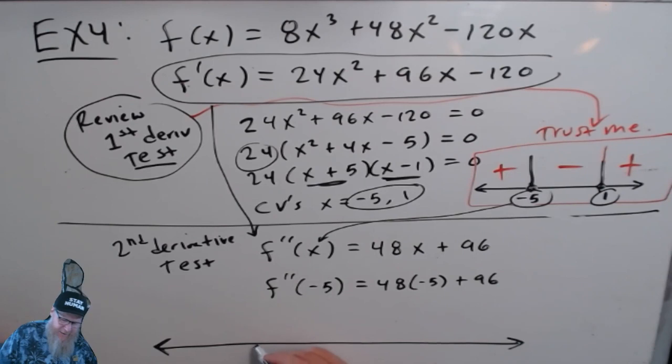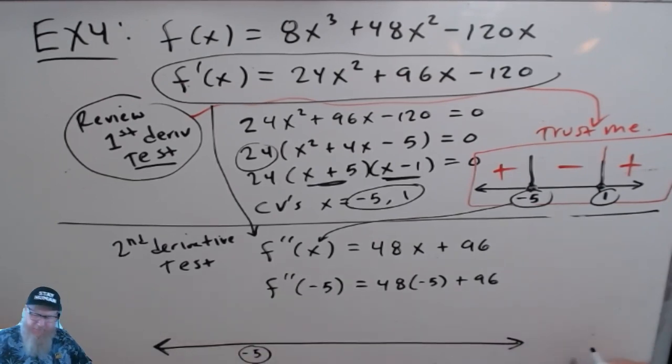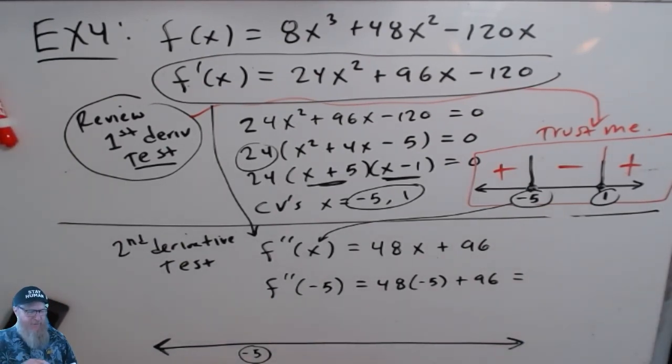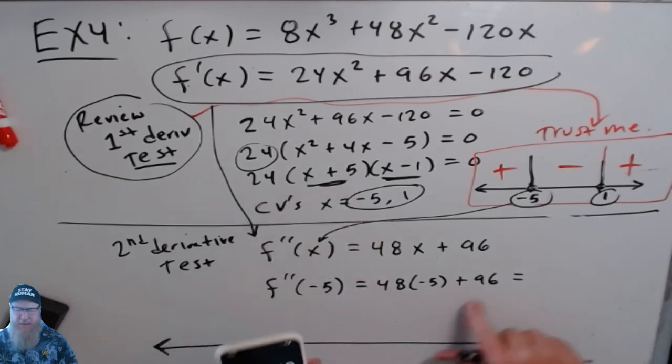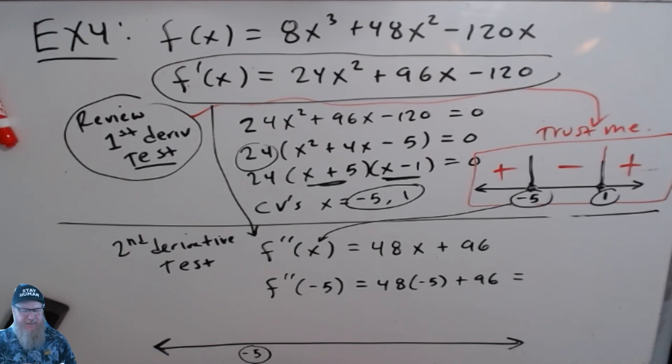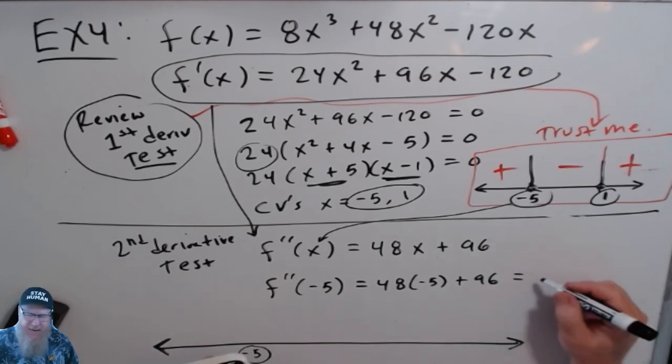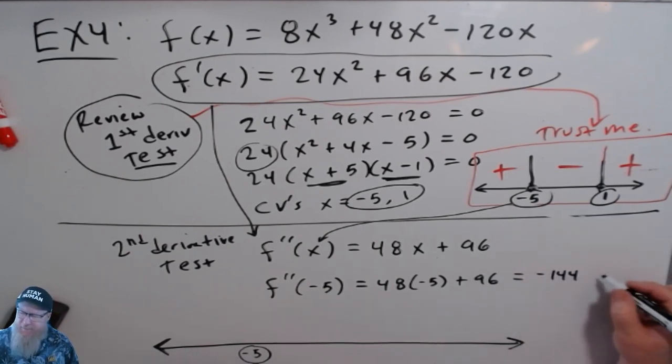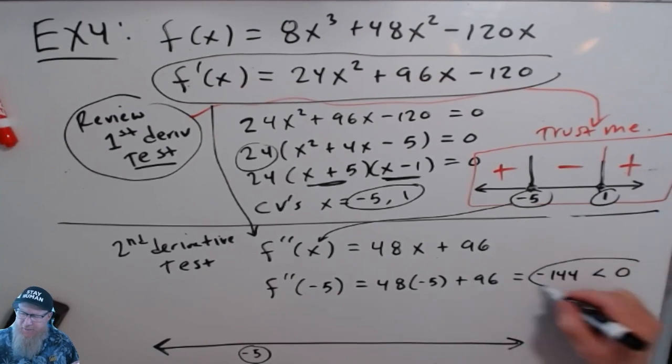So I've got negative 5. You might want to use a calculator. So 48 times negative 5 is negative 240 plus 96. All I care about is the sign. That's less than 0.